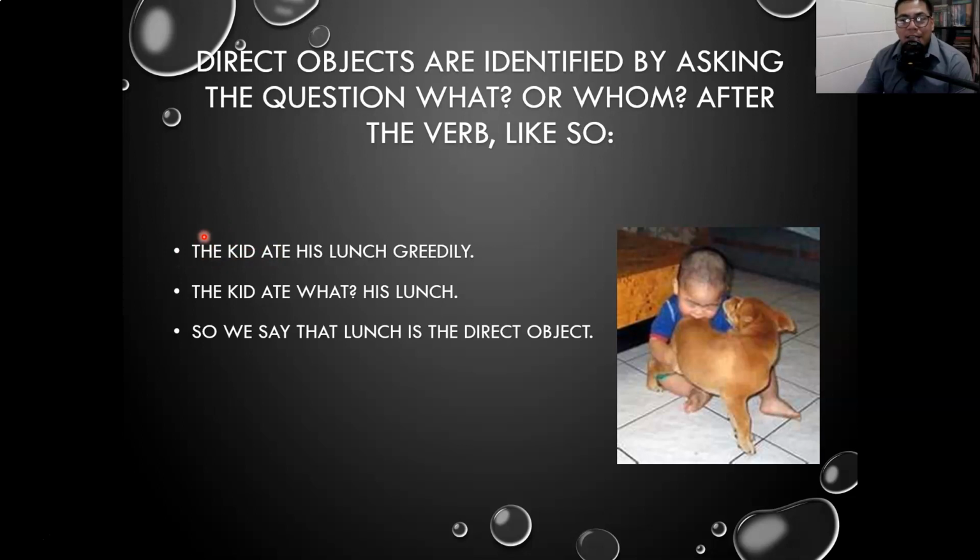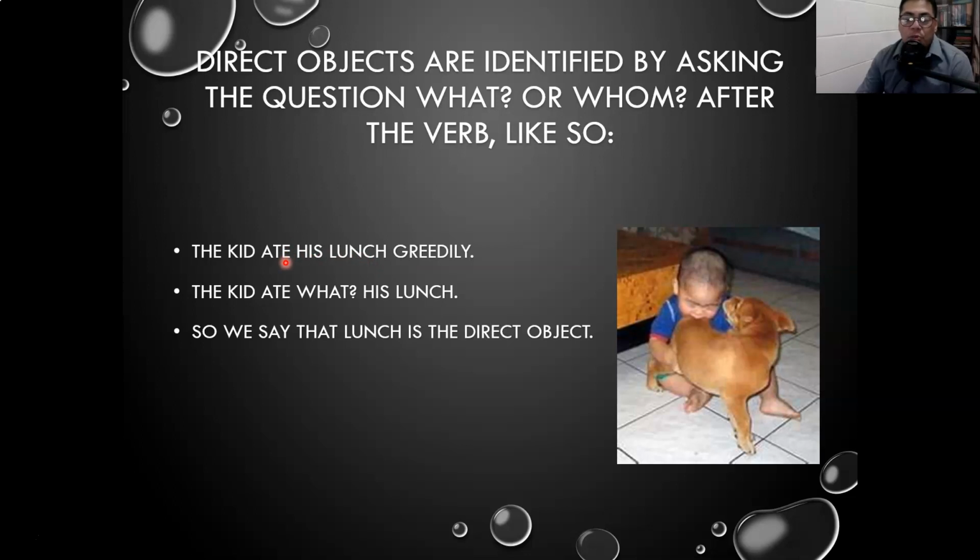Then the kid is the direct object? No, that's not the right way to ask the question. So I ask, the kid ate who? No answer. What if I say, the kid ate what? Oh, the kid ate his lunch. It has an answer for the question what, but remember, it's after the verb.